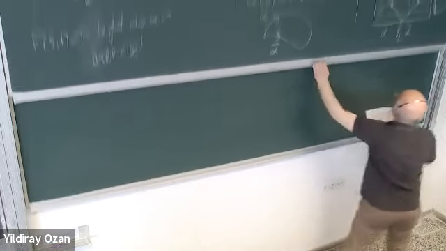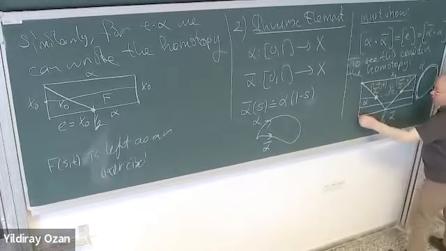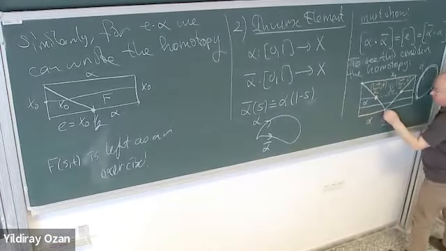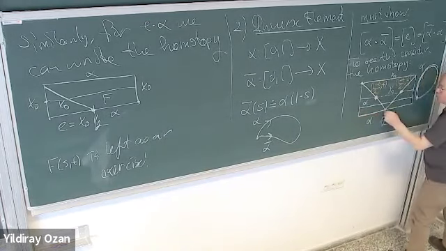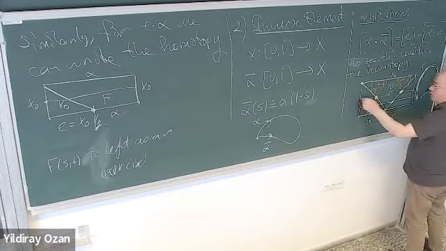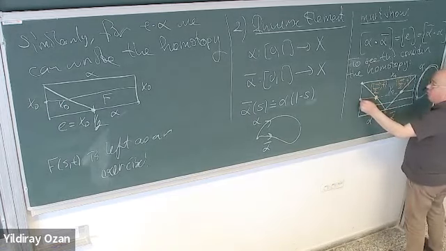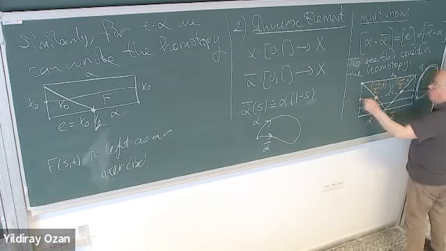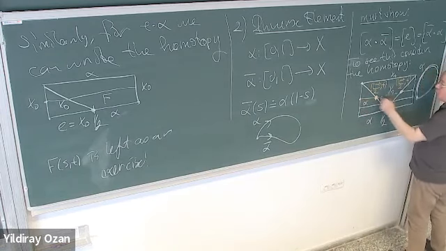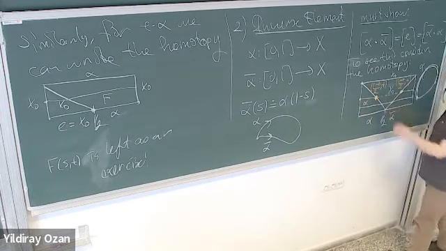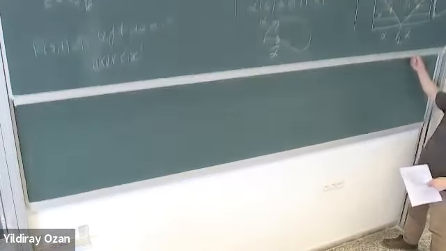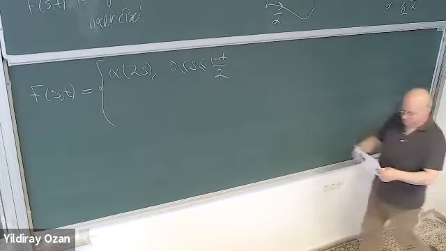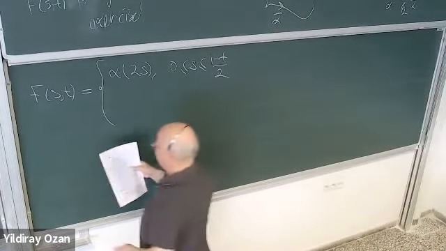So here you are going 2 times faster from t equals 0 to 1 over 2. Here you go 2 times faster from s from 0 not up to 1 over 2 but up to this point. So you don't go the whole way. You just stop in the middle and wait there.